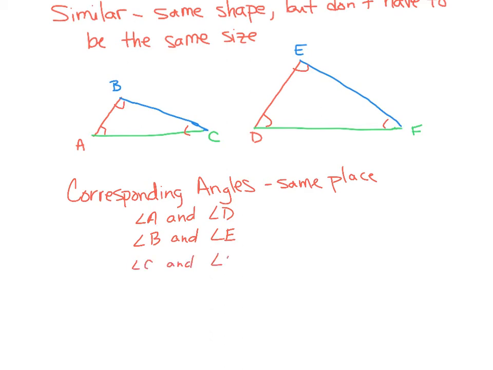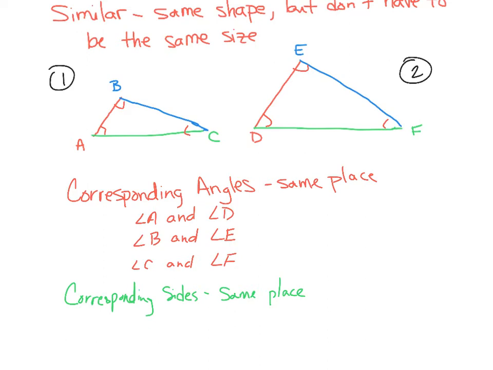We also have corresponding sides, which again is the same place. So, if we look at this, we're going to say this is triangle 1 and this is triangle 2 while I talk.